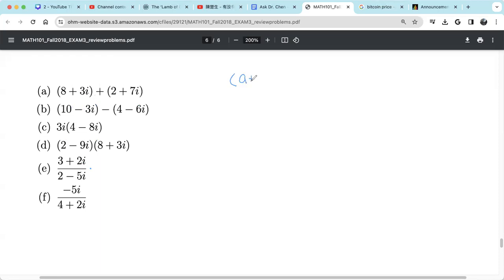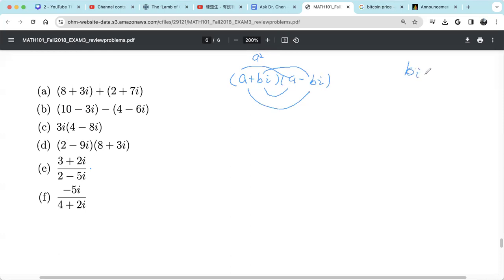Let's look at this first. a plus bi times a minus bi. We do first times first, second times second. We multiply those two, and we multiply those two, right? a times a, we get a squared. Well, bi times negative bi, let's put it on the side.